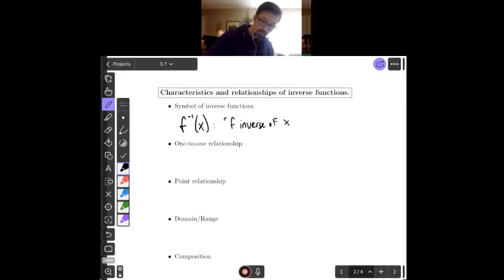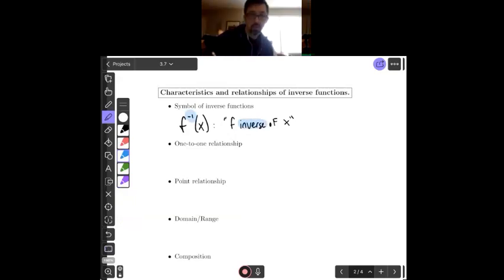This symbol right there stands for the word inverse. We don't say f to the -1. We say f inverse of x, or we can say the inverse of f of x.